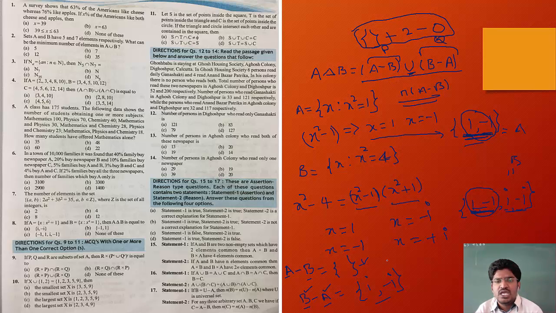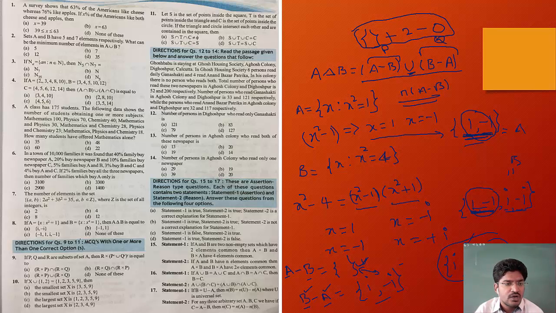So if I make the union of empty set with this, that means empty set union {i, -i} will be the answer, because the other set is empty. So if I make the union of these two sets, the answer will be {i, -i}.